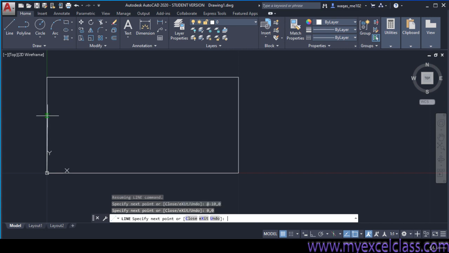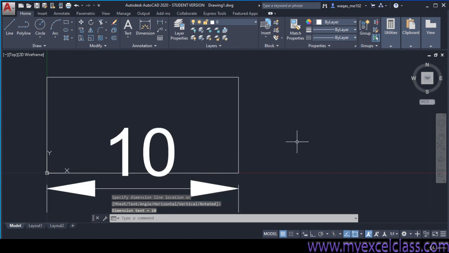So you can put close and press enter. So I have drawn this rectangle by the relative coordinate system, the same rectangle which I drew using the absolute coordinate system. You can check that this has the same dimension, this 10, and this has the 5.